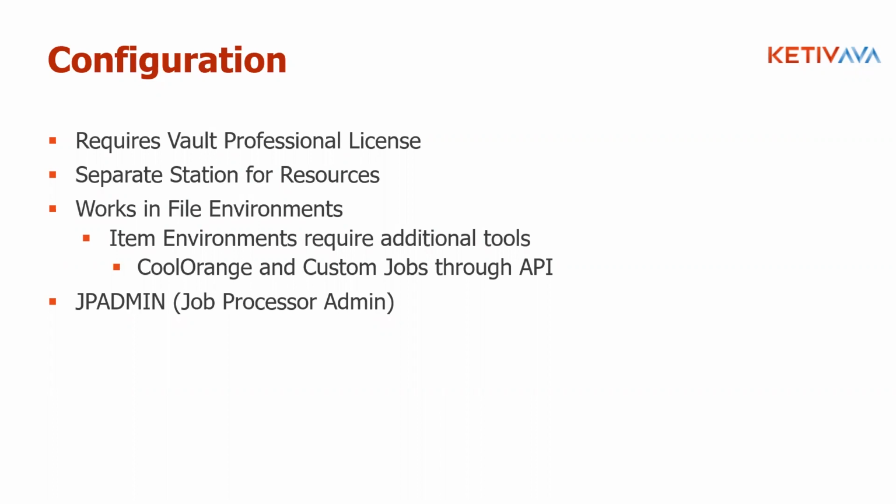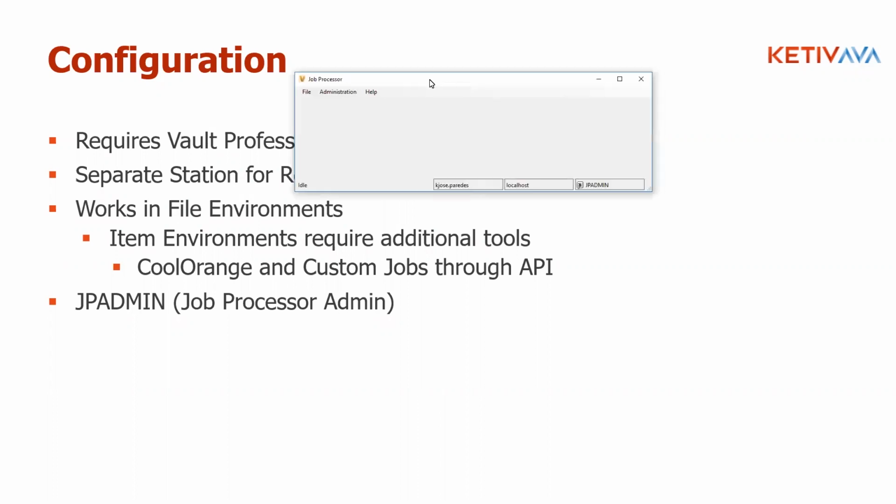And this is what you'll see here when you go into the job processor. You'll see that right now it actually says that it's idle, which means it's not processing any jobs. Something interesting about this is you can set up the time intervals that it checks for jobs to be as long or as short as you want.